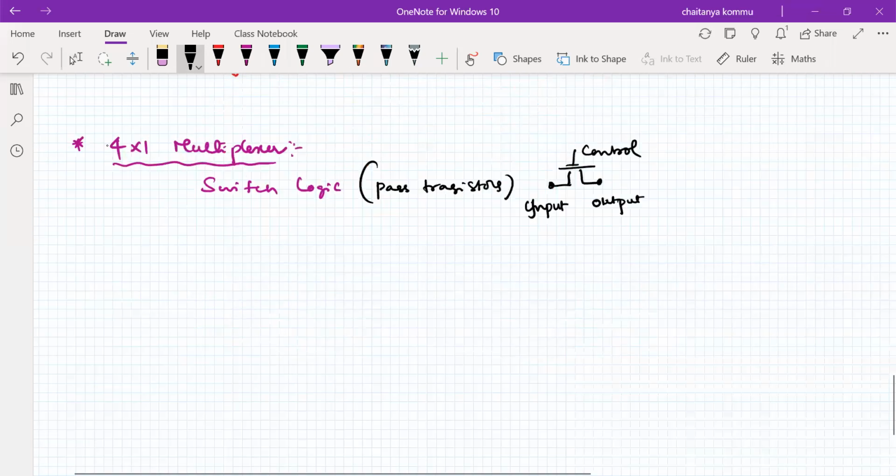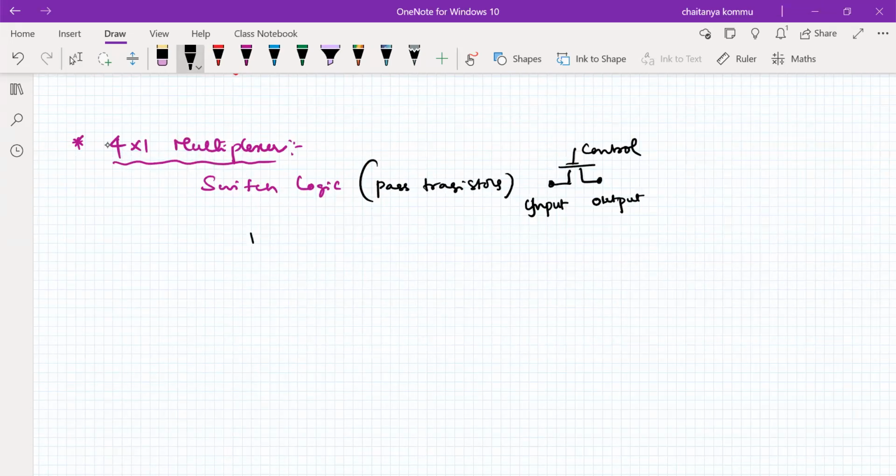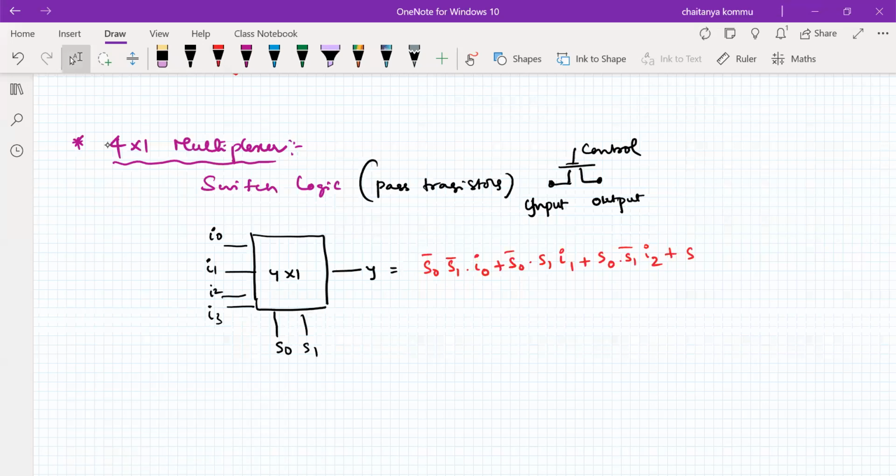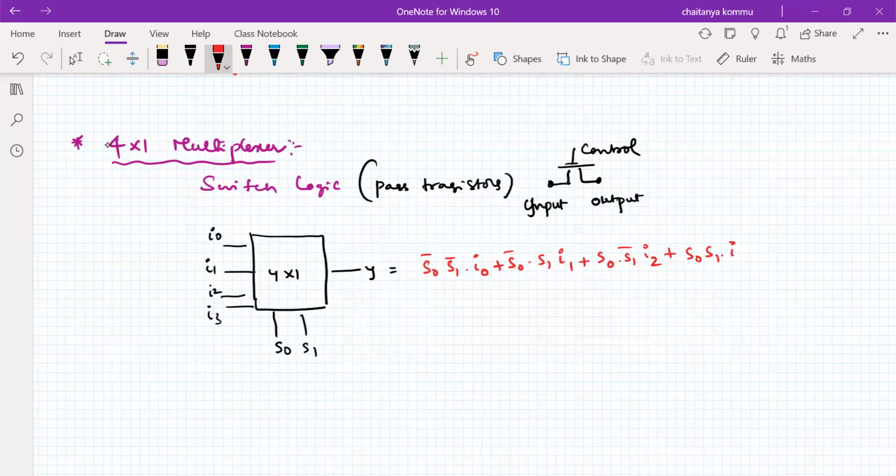Now in this approach, how does a 4x1 multiplexer look? We have inputs I0, I1, I2, and I3, select lines S0 and S1, and it produces Y. The equation is S0 bar S1 bar I0 plus S0 bar S1 I1 plus S0 S1 bar I2 plus S0 S1 I3.